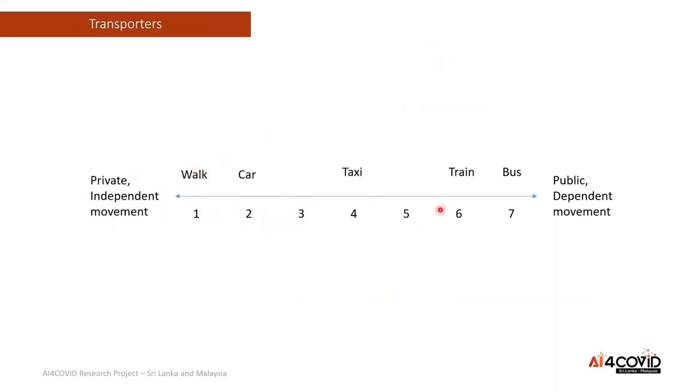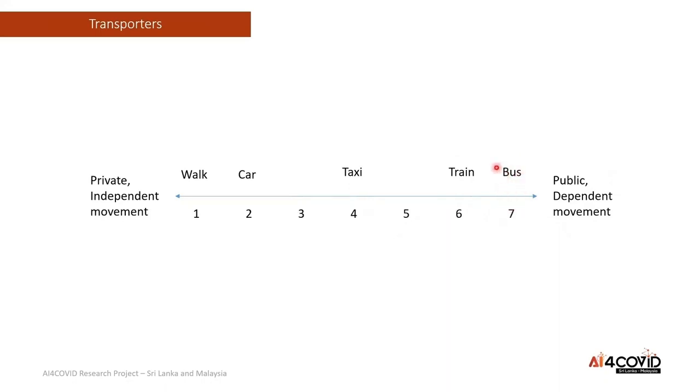We have assigned these values, and a larger value if this is more towards a public or dependent movement. We assigned these values because, for example, if someone is going by bus, and a bus doesn't come for, let's say, 2 hours, he's not going to wait forever until a bus comes, right?